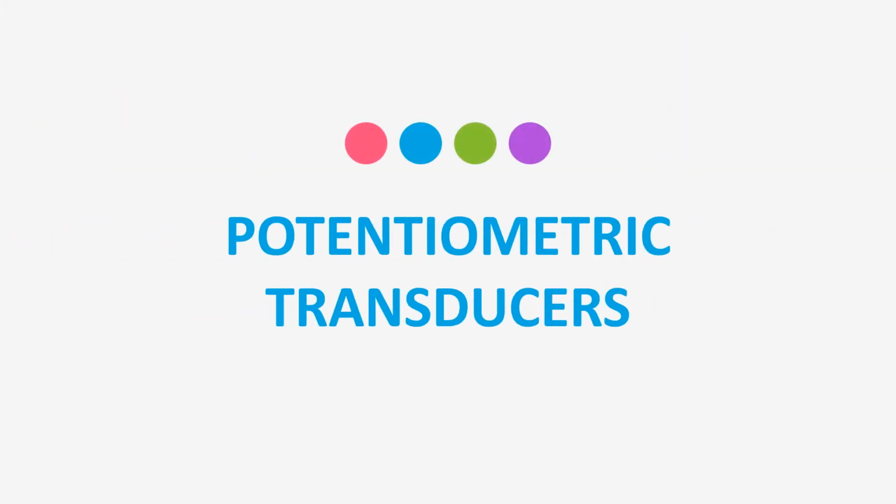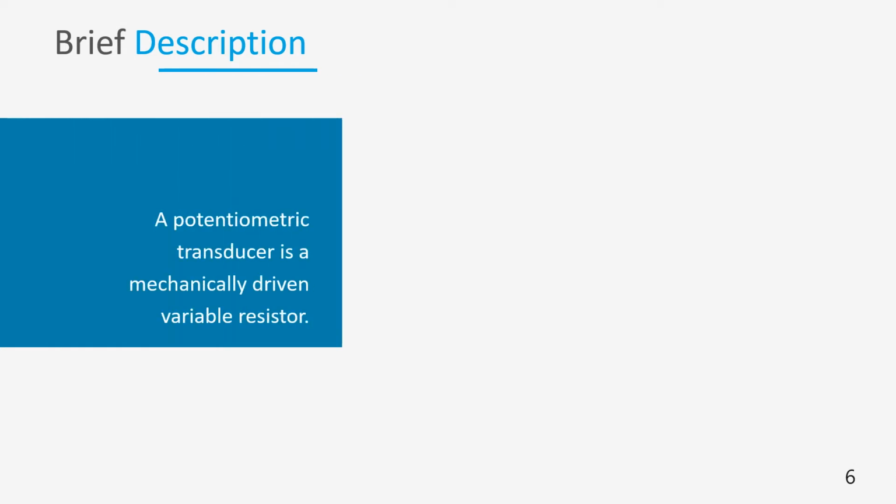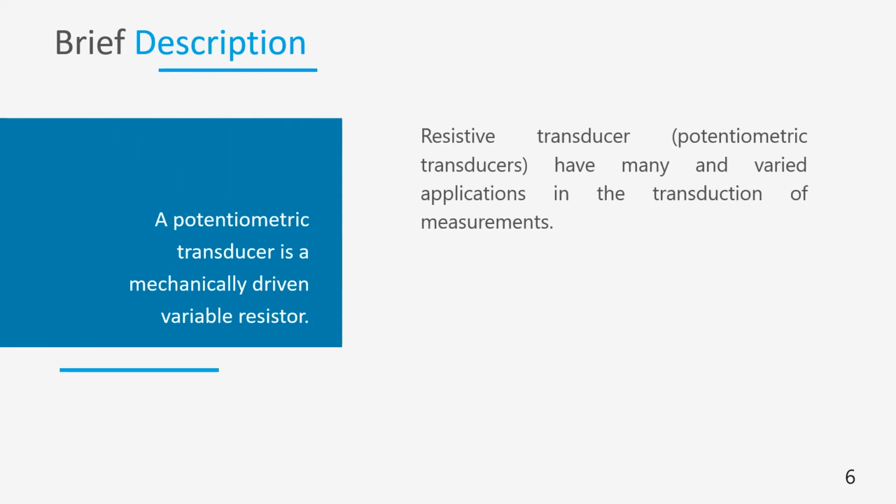We have here the potentiometric transducers. Again, the first pressure measuring instrument in our part 2 is the potentiometric transducer. Here is the brief description. A potentiometric transducer is a mechanically driven variable resistor.